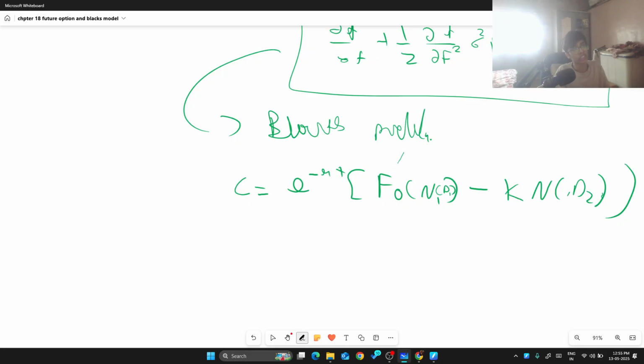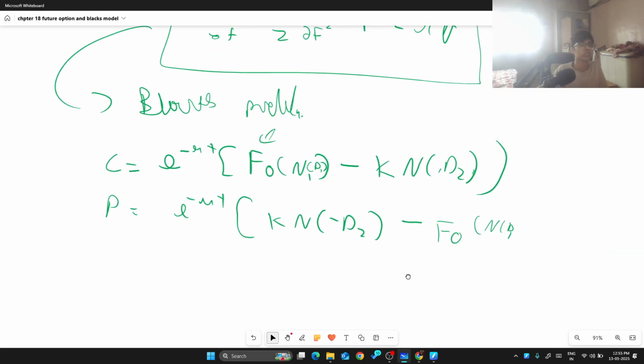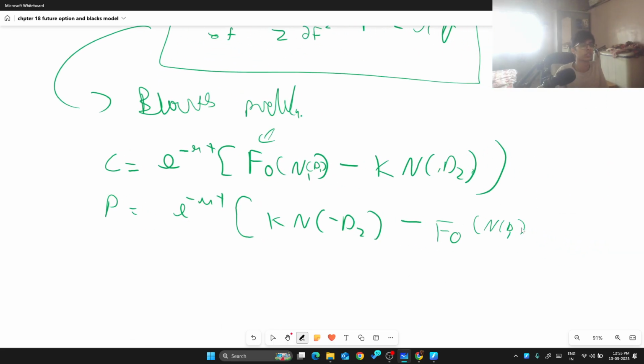Instead of S0 there is F0, okay, and the put value would also be the same, minus D1, but the only difference is in D1 where there is no drift term.